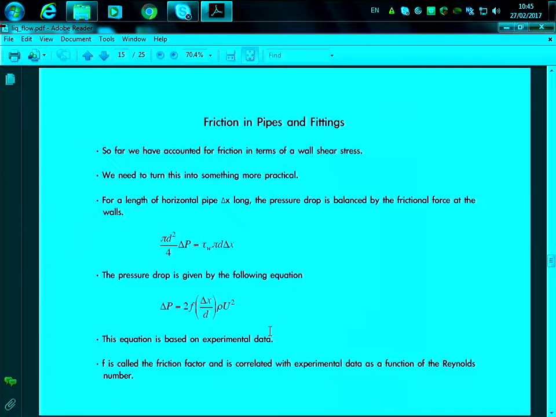If it's 16 over Reynolds, that will be a Fanning friction factor; 64 over Reynolds, Darcy friction factor. So the Fanning friction factor will be the Darcy friction factor over 4. The Darcy friction factor will be 4 times the Fanning friction factor.